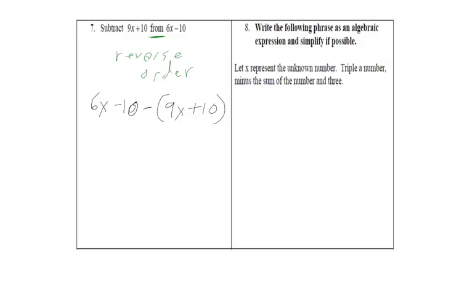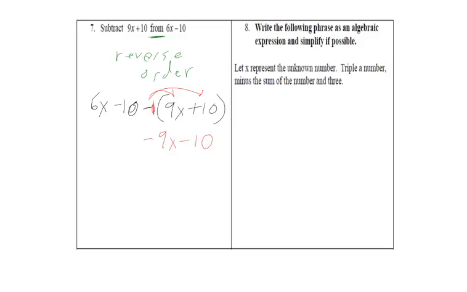You're probably wondering why I put 9x plus 10 in parentheses. There's a reason. The reason is the subtraction affects both the 9x and the 10. So I put the parentheses in as a reminder that I have to affect both the 9x and the 10. What's going to happen is there's really a negative 1, so it'll be negative 9x and negative 10.